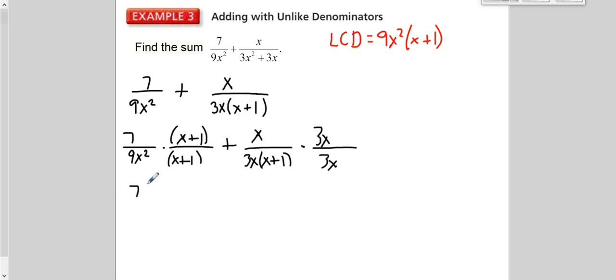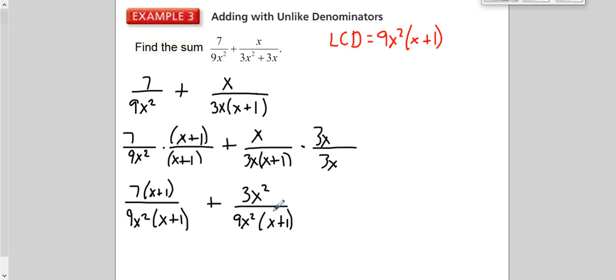Okay, that'll create 7 times x plus 1 for the first numerator, plus 3x times x, 3x squared, over our common denominator.